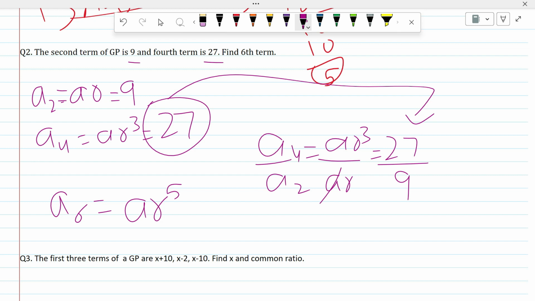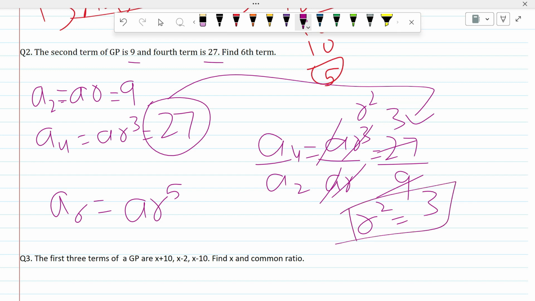Now I will cancel AR from both, and we get R square equal to 3. Okay, here we get this.